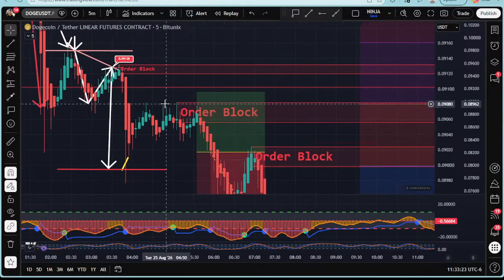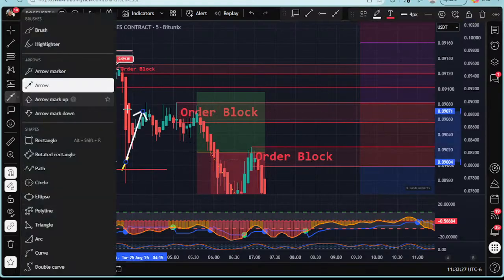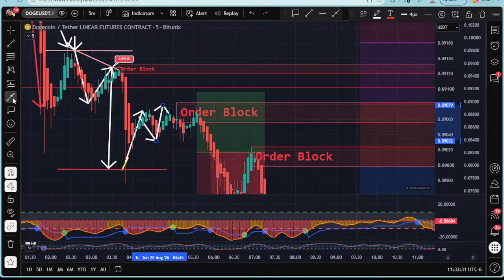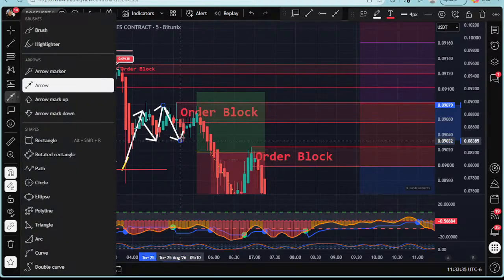You can see it goes sideways. This is what I'm talking about, a double move. There's move 1, there's move 2. This is going to hit a double top. It should pull back, find support, and then it should break out.